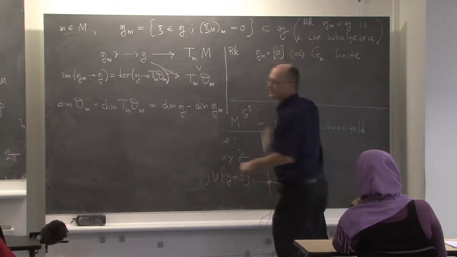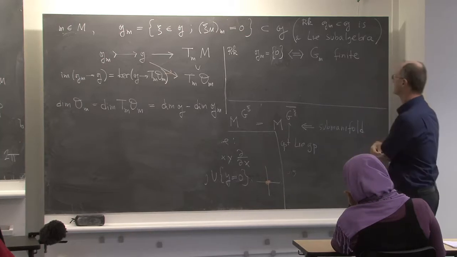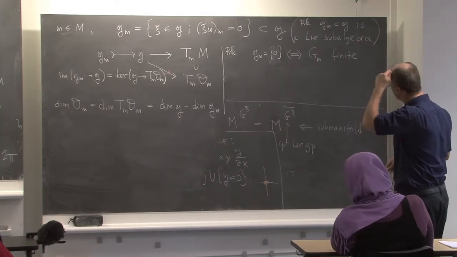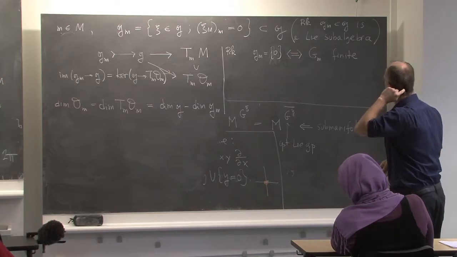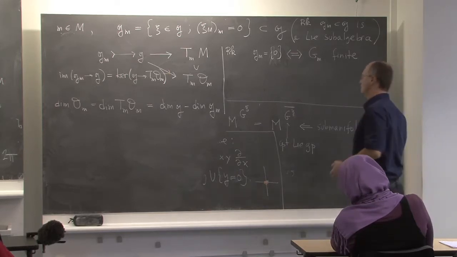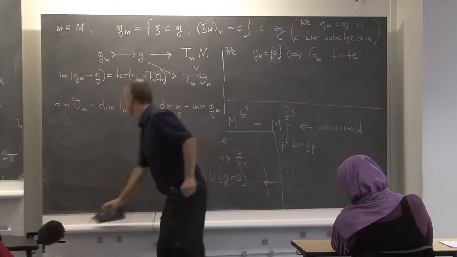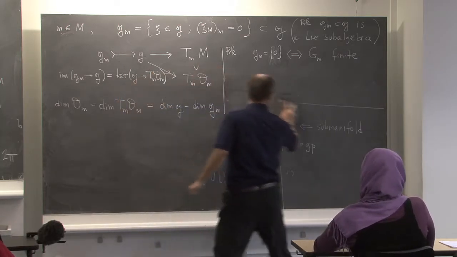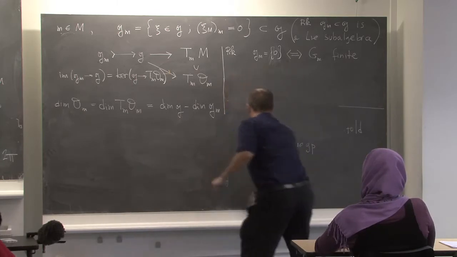Sorry, too early in the morning. So g_M equal to 0 if and only if G_M is finite, right?